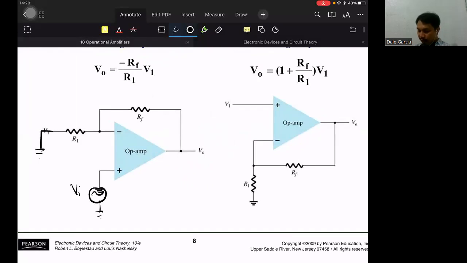Notice that I did not flip the sequence of plus or minus. Would you agree that these two circuits are now the same?